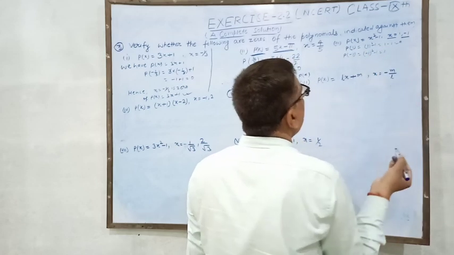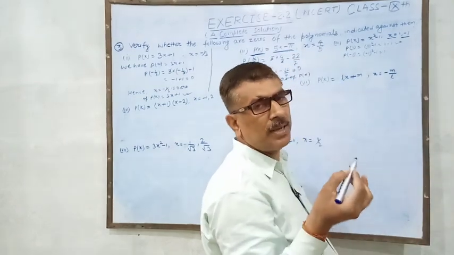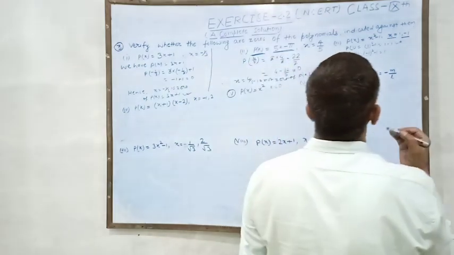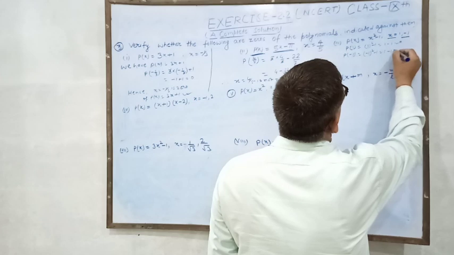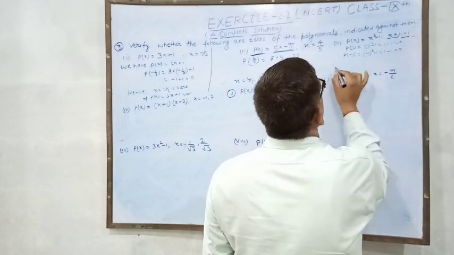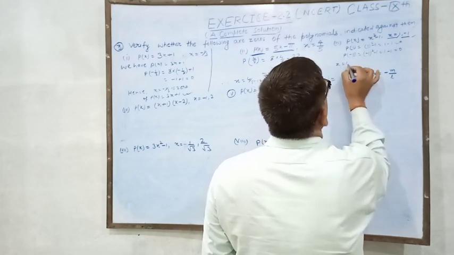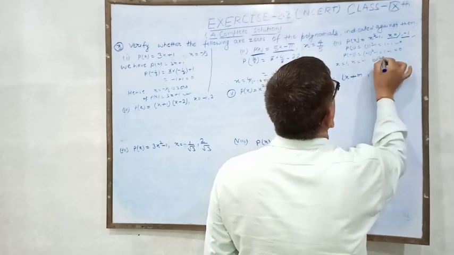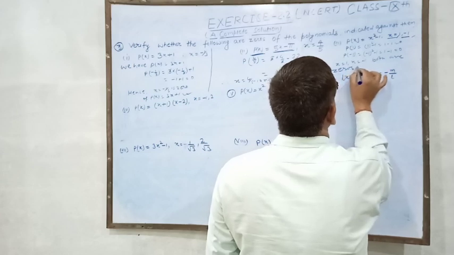If you take negative twice, −1 into −1, you get +1. So 1 minus 1 equals 0. So clearly, these two are zeros. Hence, x equal to 1 and x equal to −1 both are zeros of p(x).